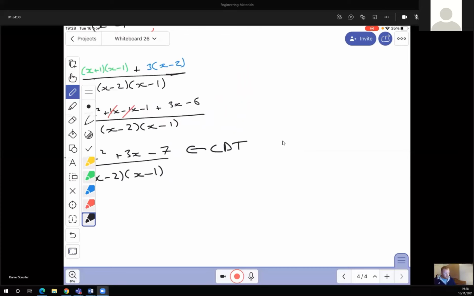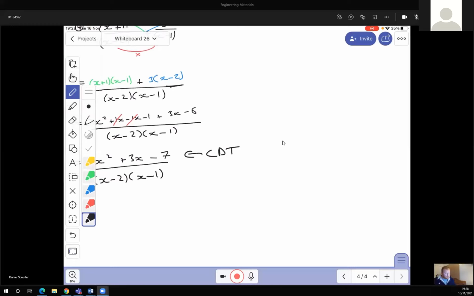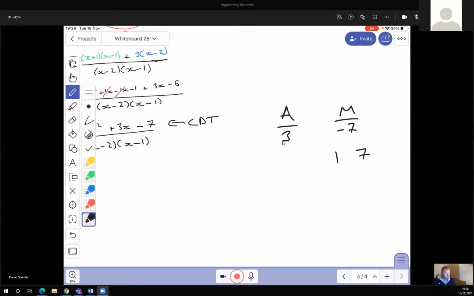So when we come to that trinomial, our normal process would be: what multiplies together to make minus 7, and adds together to make 3? You go through everything, and it's just 1 and 7. You can see there's no way you can get there, so it doesn't factorise.